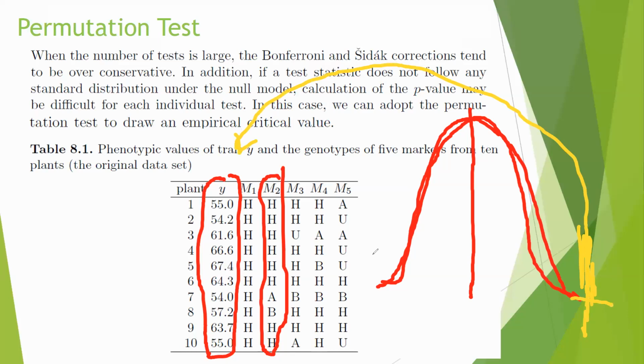This null distribution shows you what the statistic will look like if there's no association between the marker and the phenotype, right?